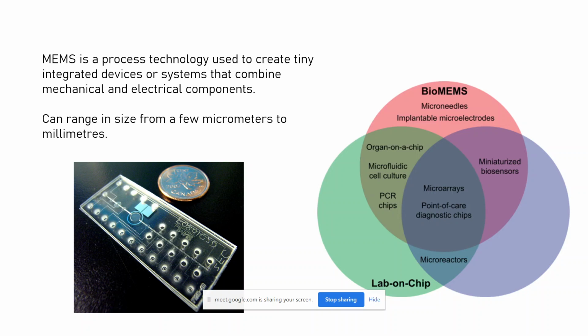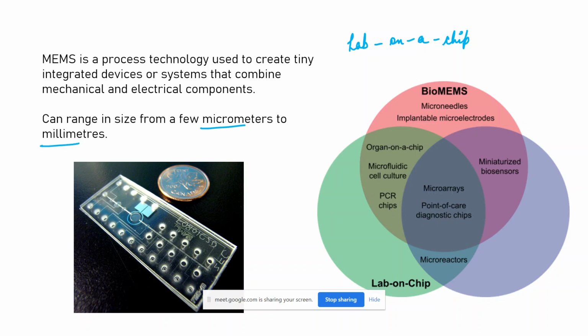Now, what is MEM? If you would have listened to Sir's lecture, you would have heard a term, lab on a chip. MEM is basically used to create small integrated devices, and these devices can range in size from a few micrometers to millimeters.